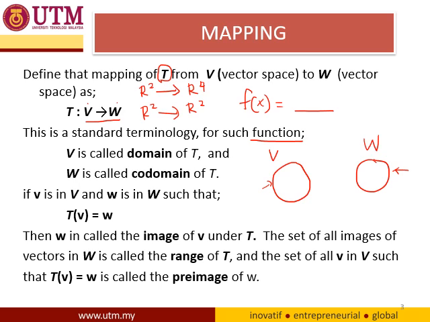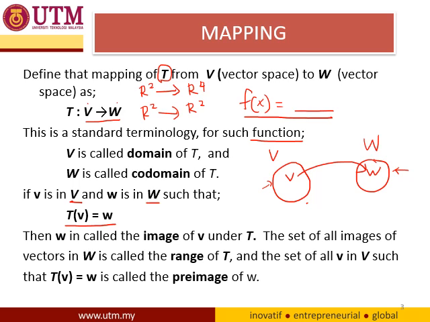I think you're already familiar with the terms. So V transforms to W, pointing into the codomain of the transformation. If v is in V and w is in W, as we draw here, we can say that the transformation of v is equal to w, same as when you learned about functions before in discrete mathematics.